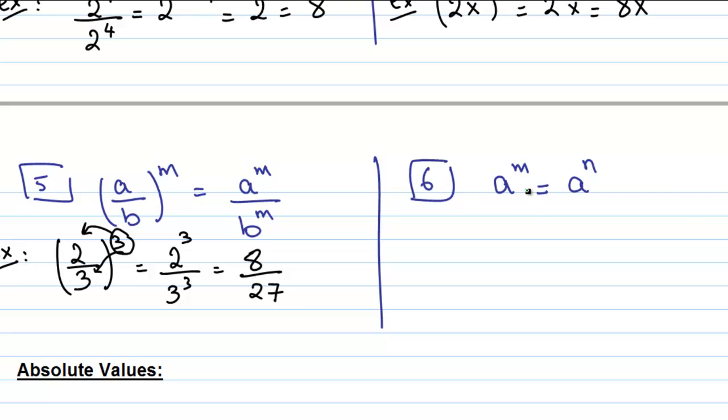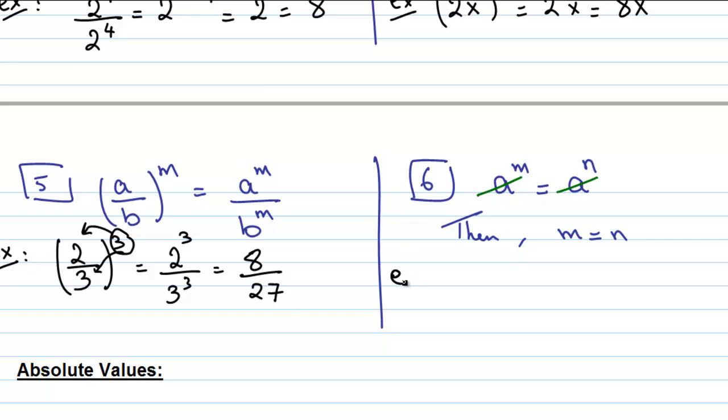In this case, and only in this case, we can cancel out the base, and the answer will be m equal n, and the powers will equal each other. Right? So you cancel the base only if the bases are the same and you have an equal sign in the middle.